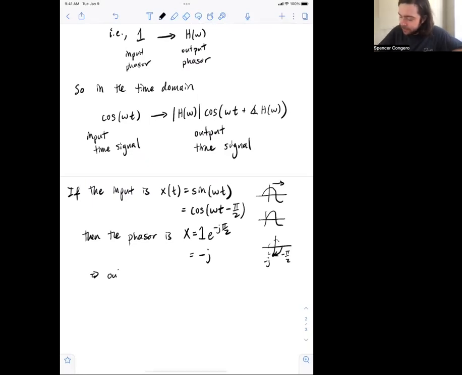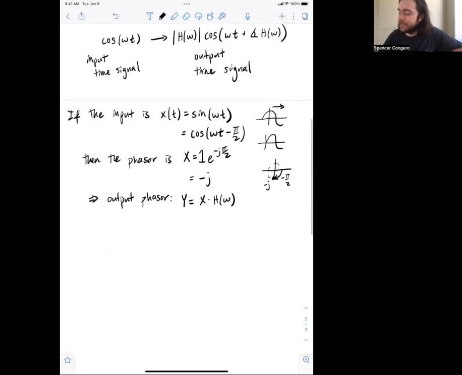And so the output phasor is just the input phasor times the frequency response at whatever frequency omega we're using here. This is going to be negative j times H of omega. Negative j is just e to the negative j pi over 2. Of course, I could have kept that here.